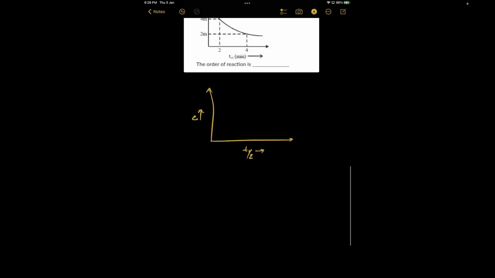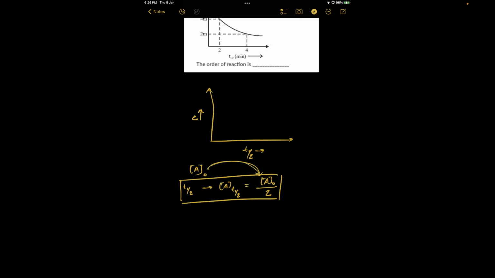So this is concentration and this is T half. Let's say the initial concentration of any reactant is A0, then at T half the concentration of reactant A, let's say A at T half, will be the initial concentration divided by 2, since it decreases by 50%. T half means this: the time required to go from A0 to A0 by 2 is called the half-life period.